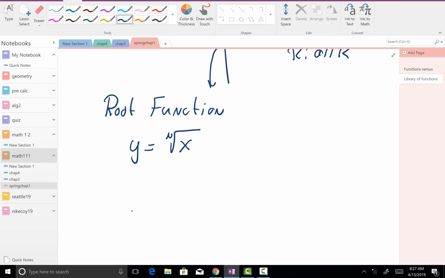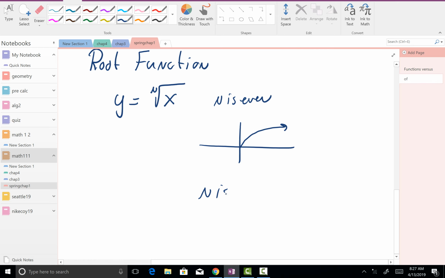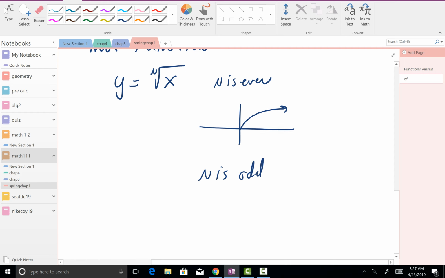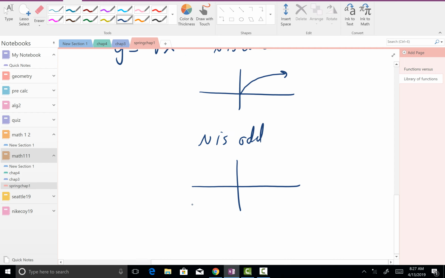Yeah, which ones go negative? The odd ones are, right? Okay, odd ones are going negative. So when n is even, we get this kind of a deal. And when n is odd, we're getting this kind of a deal.